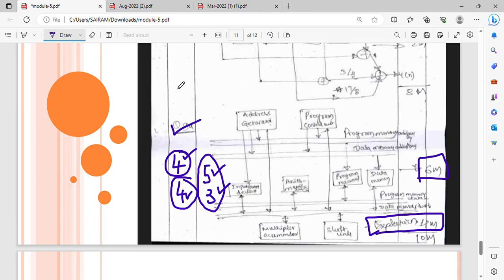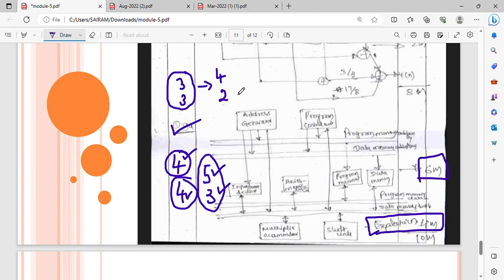For the case of 6 marks, it is 3 and 3, or 4 marks for diagram and 2 marks for explanation. It is according to his wish, right?